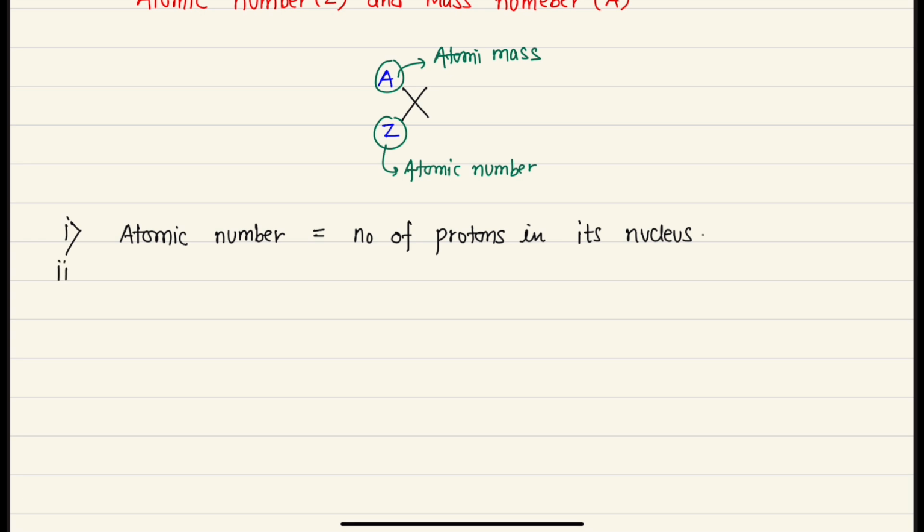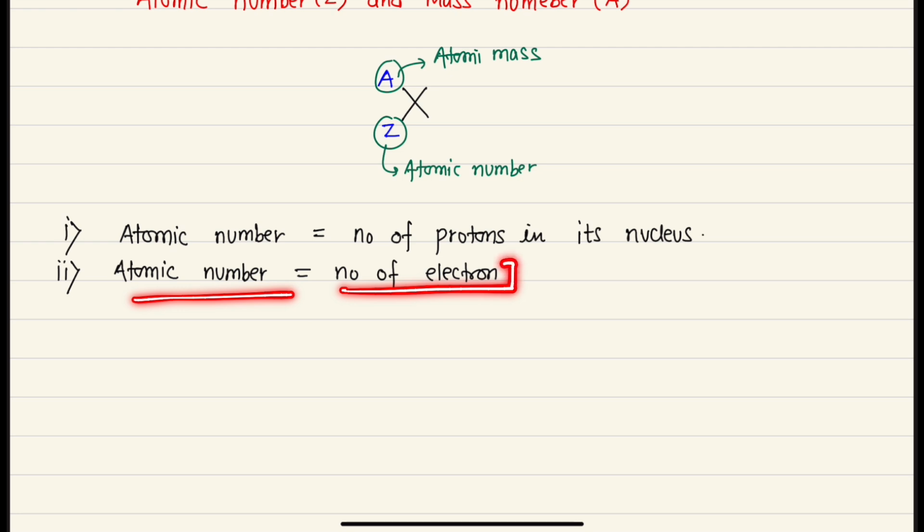Second point, atomic number is equal to the number of protons, and atomic number is equal to the number of electrons also.